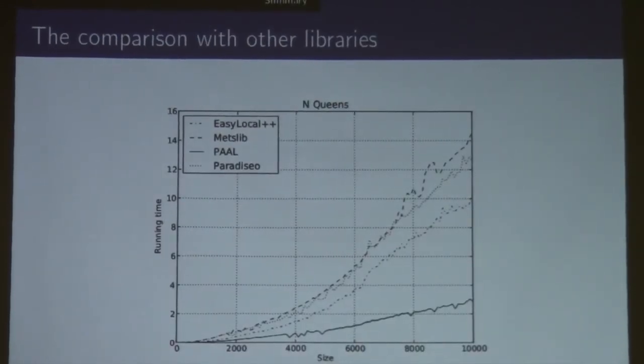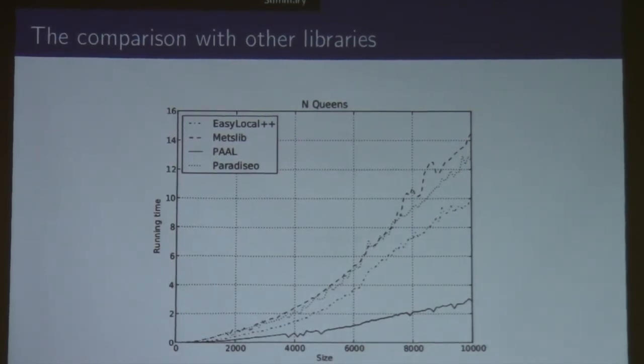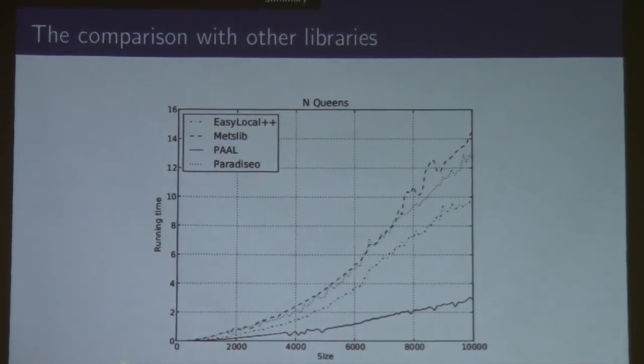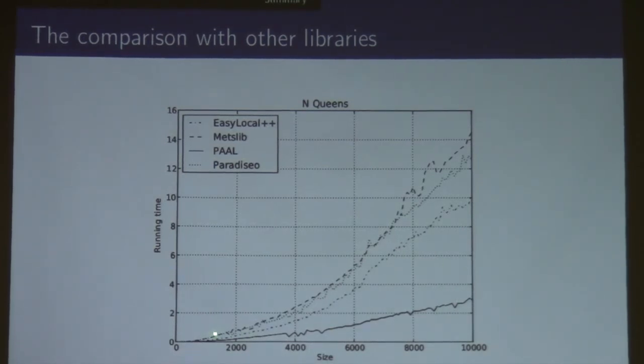And this is almost the end of the talk. There are other local search libraries for which we did some benchmarking. This is the simplest hill climbing, and there are these different libraries that we found that are written in C++. And ours, of course, is the best one, and much faster than this one.